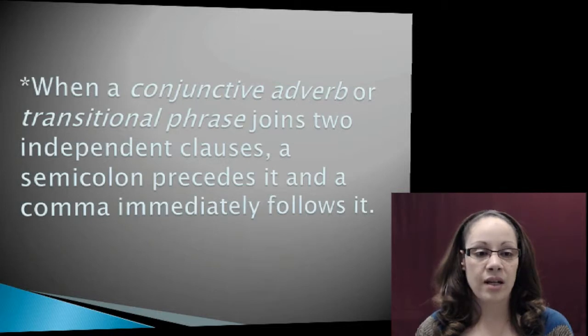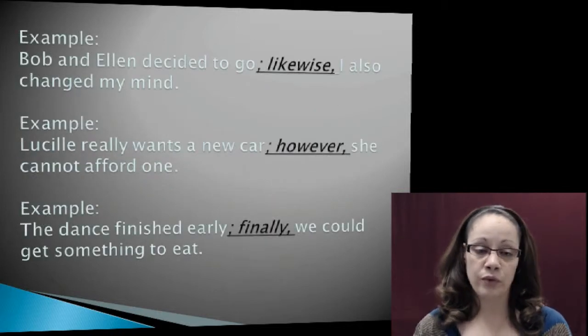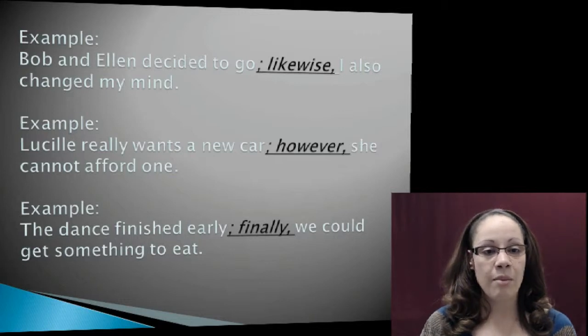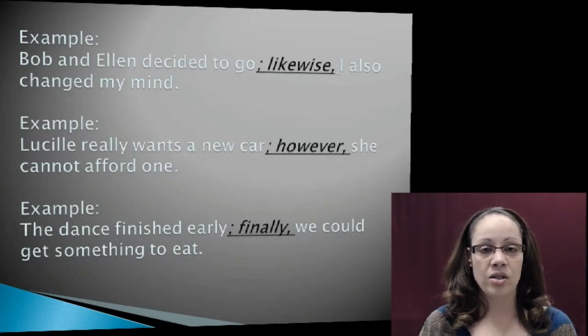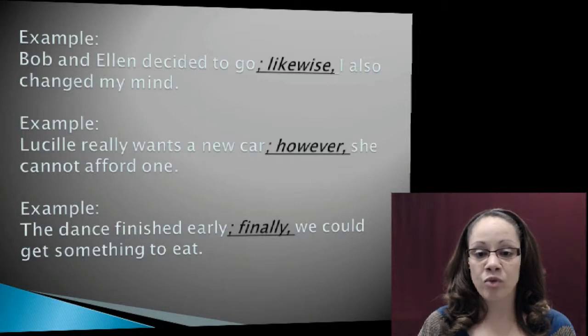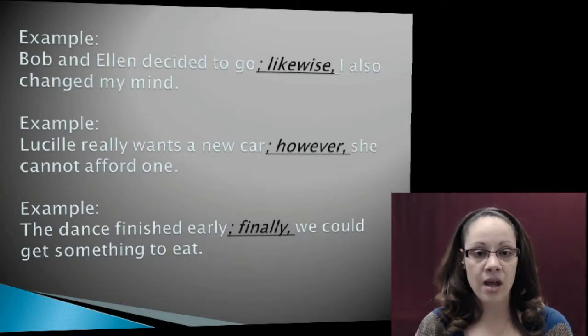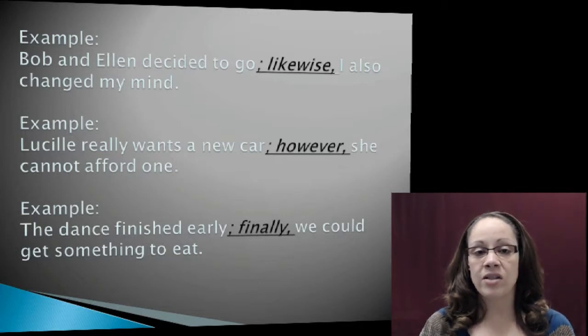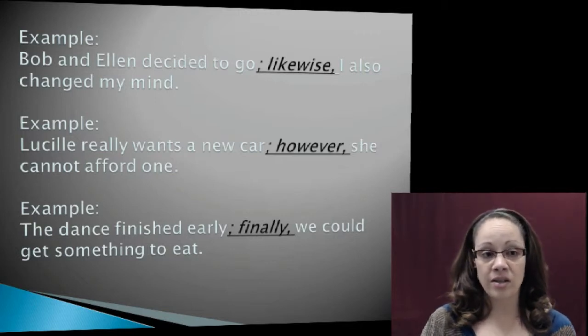So let's take a look at an example. I have several for you to practice with. Example number 1: Bob and Ellen decided to go. That's our first independent clause. Decided is our verb. Bob and Ellen is our subject. Then we have a transitional phrase, likewise. I also changed my mind. And I also changed my mind is another independent clause or sentence.